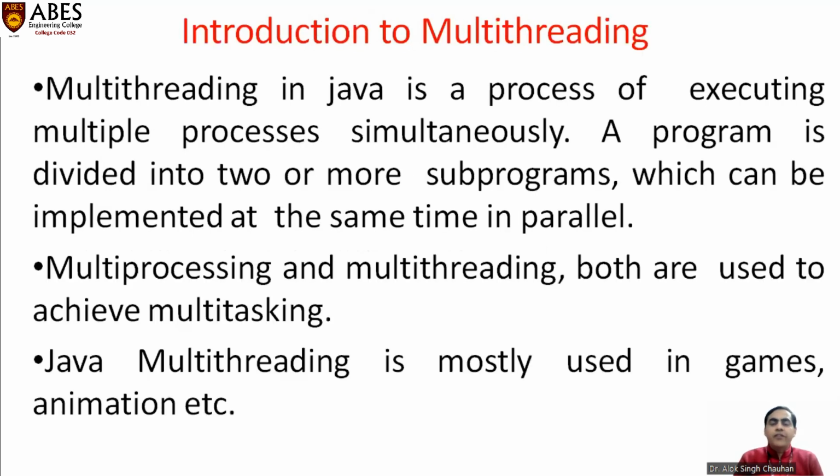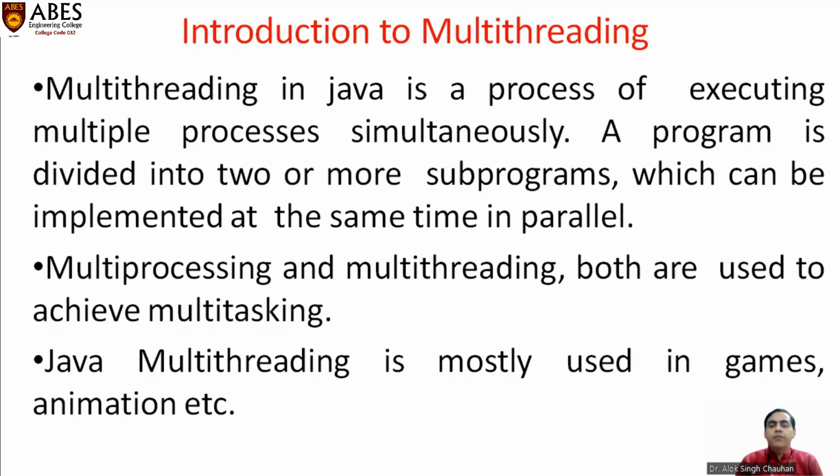Now, what is multi-threading? Multi-threading in Java is a process of executing multiple processes simultaneously, or we can say executing multiple threads simultaneously. Generally, a program is divided into two or more subprograms, or we can say a process is divided into two or more sub threads, which can be executed at the same time in parallel. Multiprocessing and multi-threading both are used to achieve multitasking. But to achieve multitasking in Java, generally we prefer multi-threading.